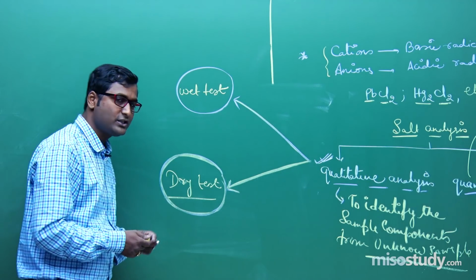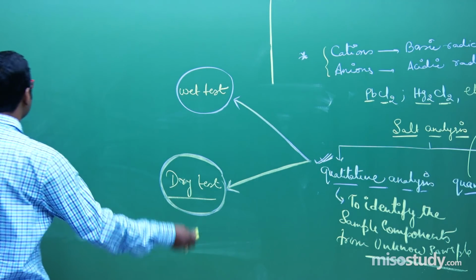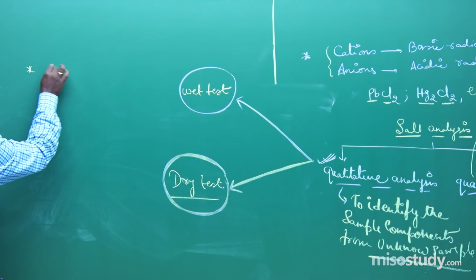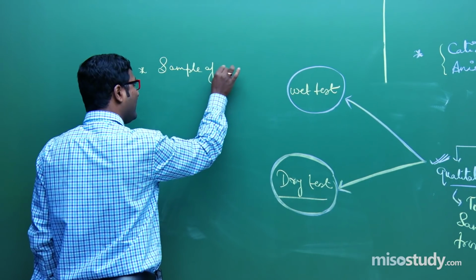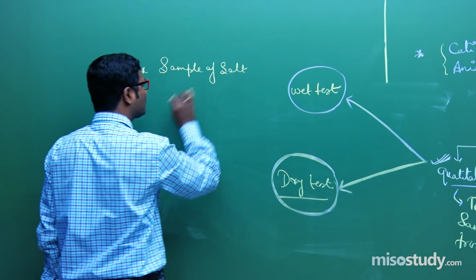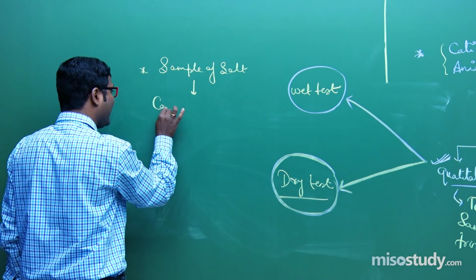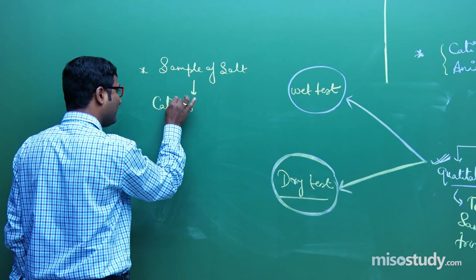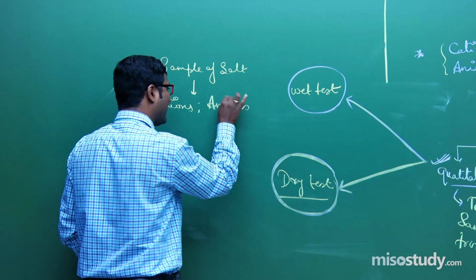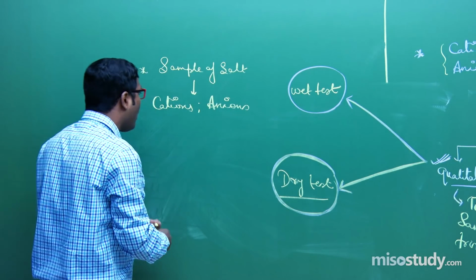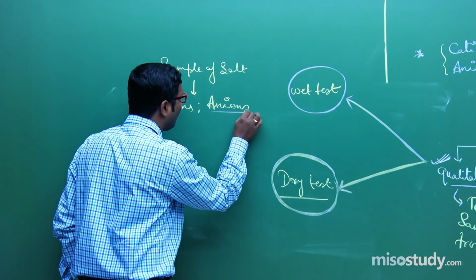Now these are the two tests. Now the question is, if we have a sample of salt, it contains cations as well as anions. Am I right or wrong? Sir, you are right. Now what to find first?